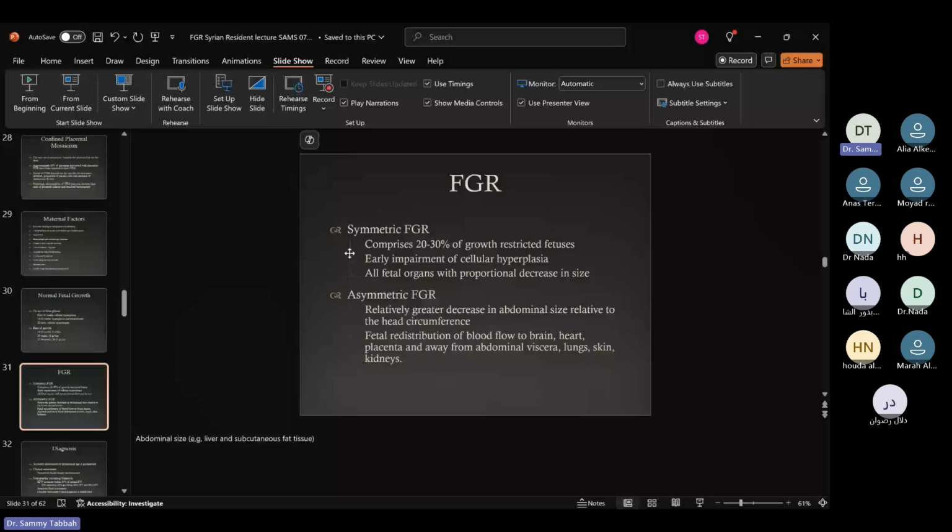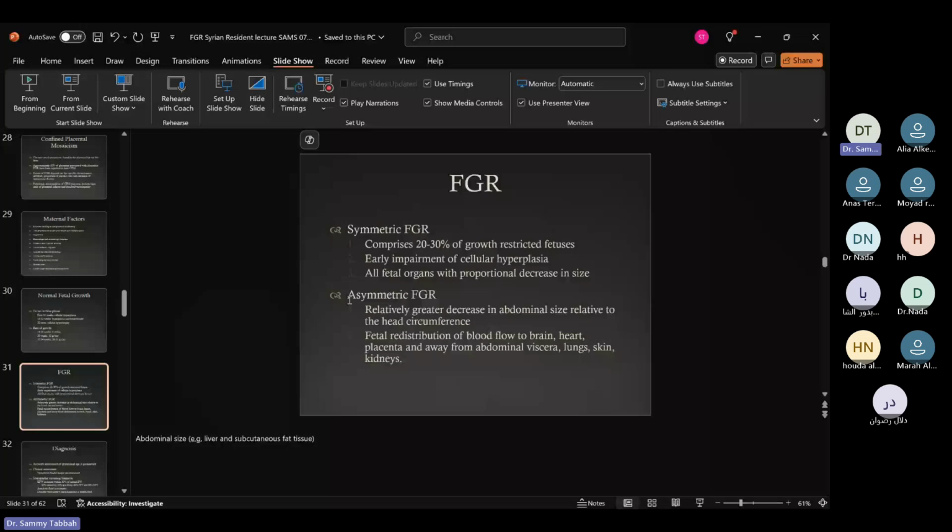And then you have asymmetric fetal growth restriction, which is typically growth restriction that happens later in pregnancy, usually in the 3rd trimester, where the abdominal circumference lags behind the rest of the baby, especially the head circumference. The reason this happens is because asymmetric fetal growth restriction is usually caused by placental insufficiency.